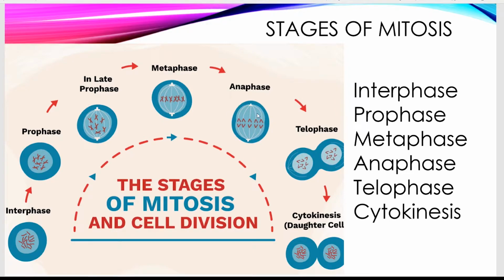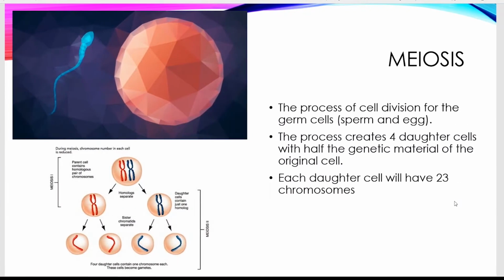Anaphase is when the different parts get pulled apart by these little spindly fibers. Telophase is where it forms a little bit of a nuclear membrane around that genetic material that just got pulled apart, and it starts to split off. And then cytokinesis is when the two cells finally completely cut off each other and the genetic material goes back to how it is usually. Hopefully that all made sense. And that's all we're talking about for mitosis.